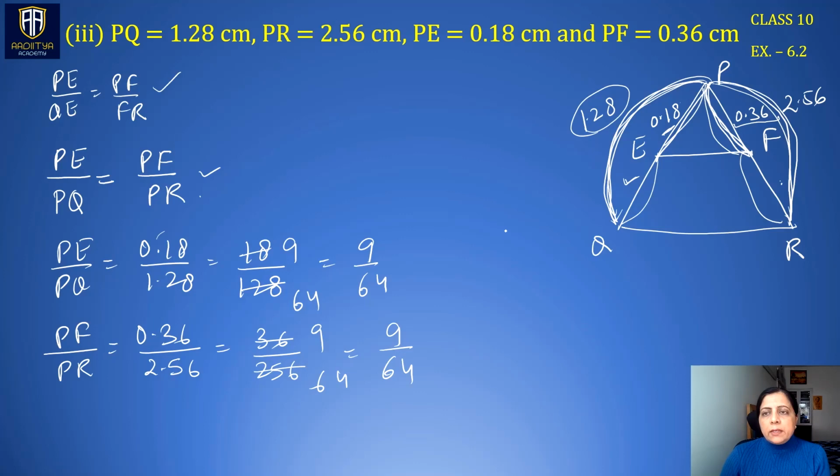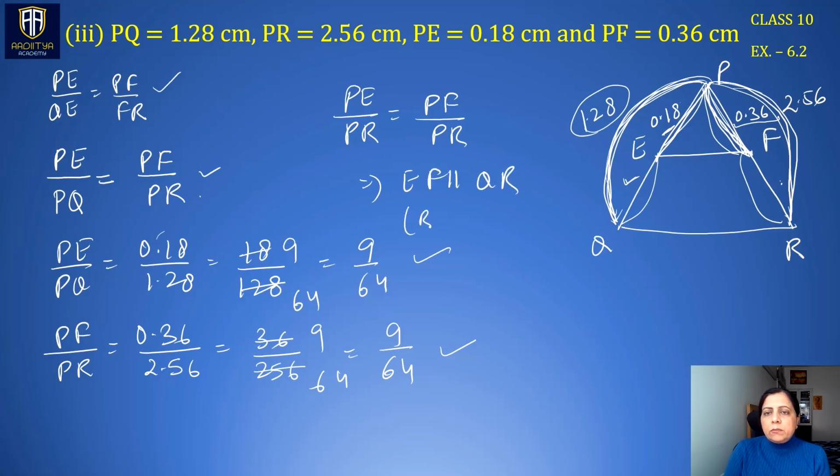Right? So this is the way I have taken this smaller part by this whole side. On the right hand also this smaller upper part over this whole side. The ratio is coming out to be same. So we can say that PE upon PQ is equal to PF upon PR, which implies that EF is parallel to QR by converse of BPT.